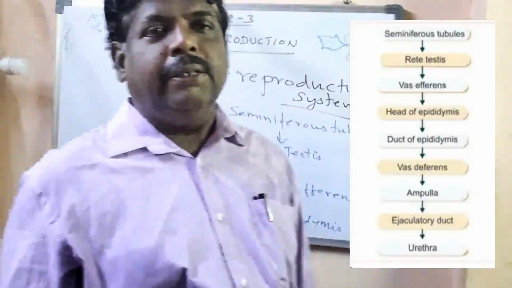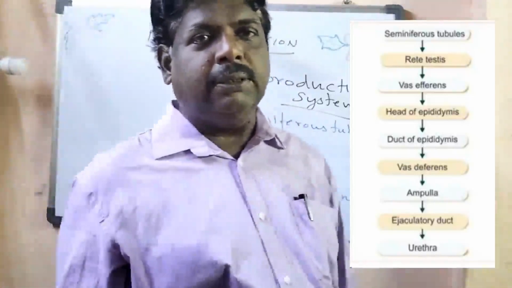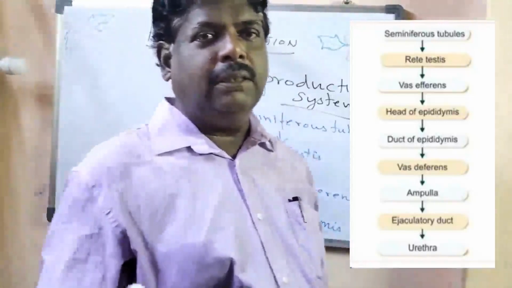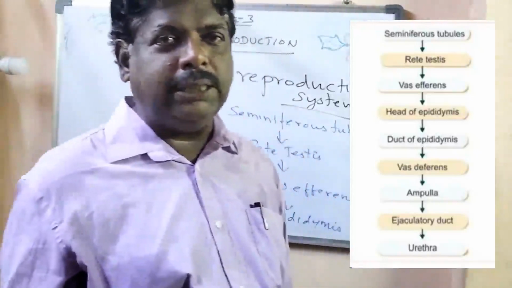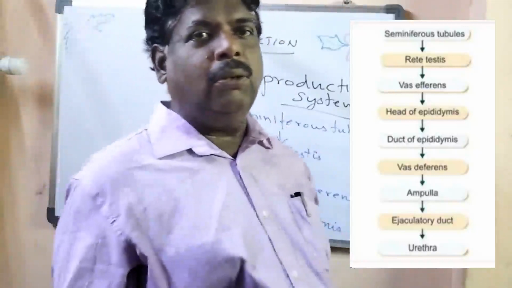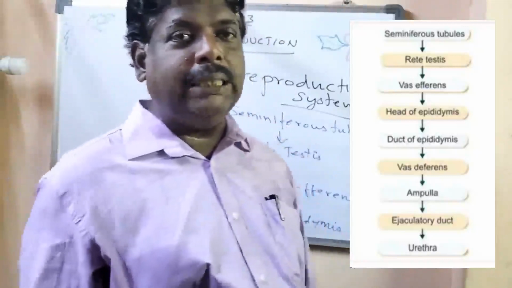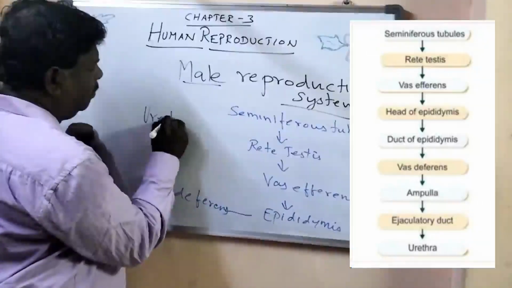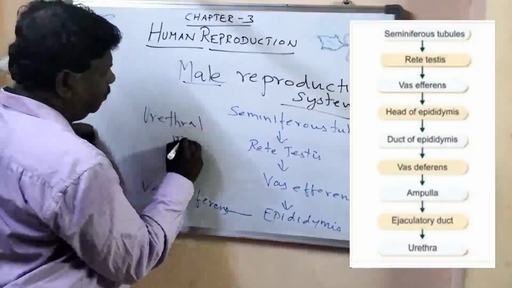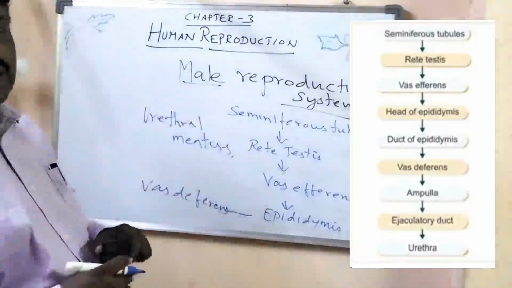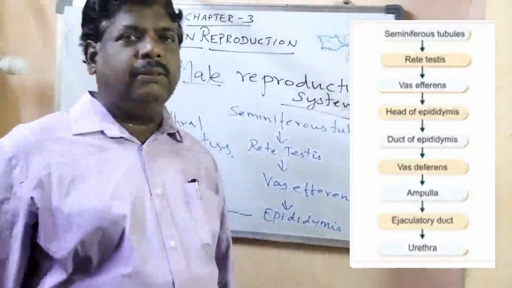And this ejaculatory duct will send the sperms out through the urethra. That opening is also known as the urethral meatus. So you can call it the urethral meatus.